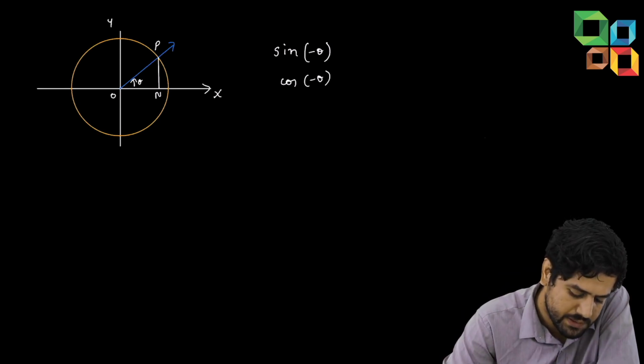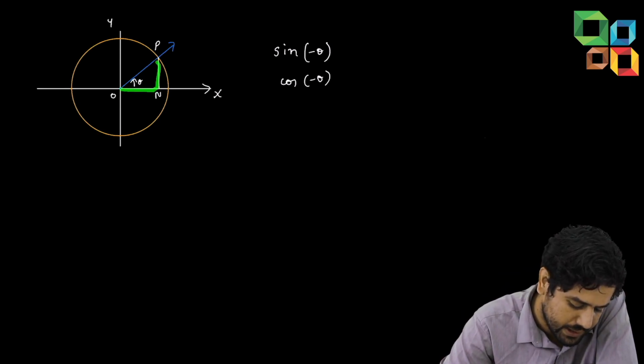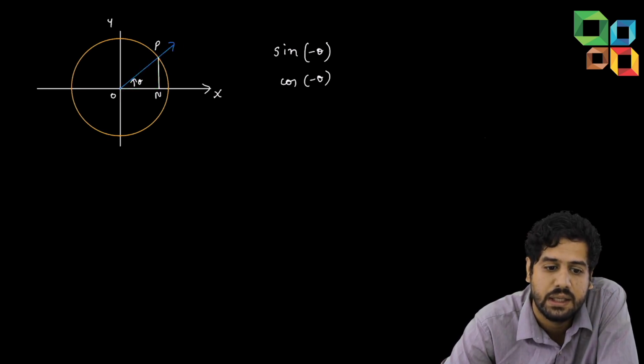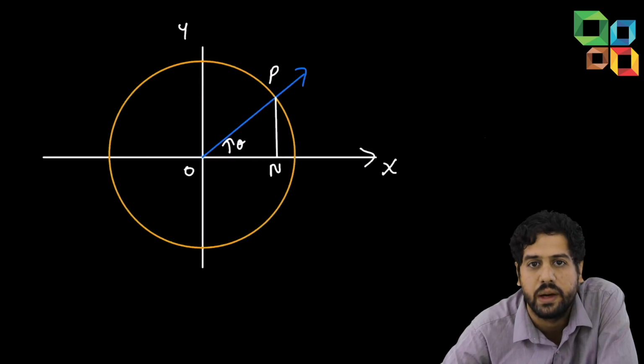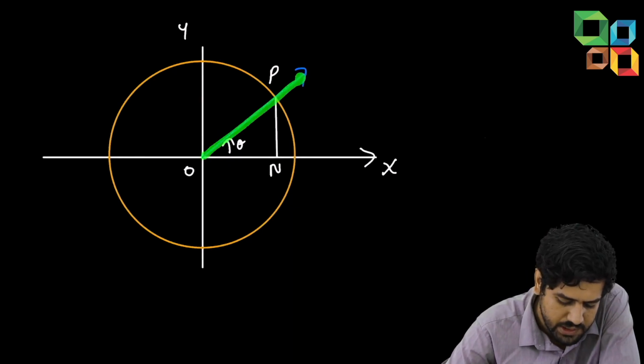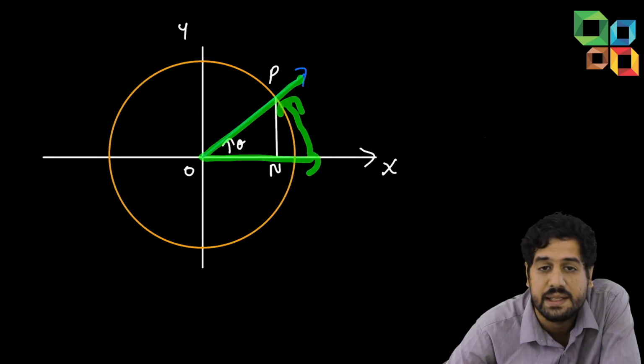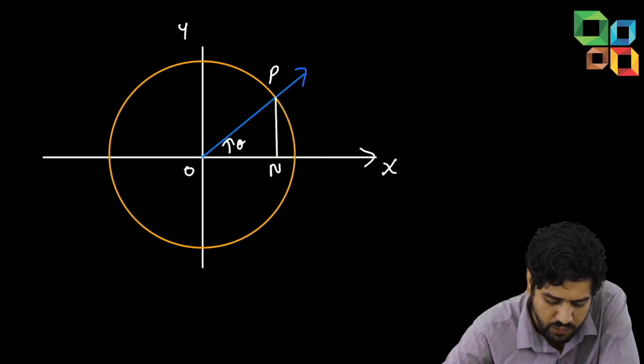Now, if sine theta is like this, the ray is like this, how will the angle minus theta look? If you draw the ray in the positive direction, that will give you theta.